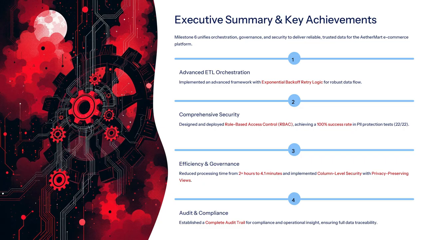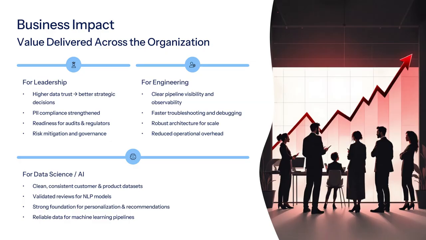All 22 of them passed, right? And efficiency and governance reduced processing time from 2 hours to 4.1 minutes, and implemented column level security with privacy preserving views. Audit and compliance, established a complete audit trail for compliance and operational insight, ensuring full data traceability.